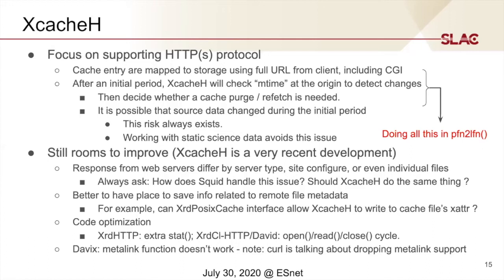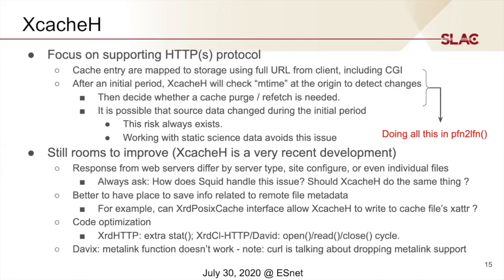This will make the decision on whether the cache should be purged or not. There is always a risk during this initial period: what happens if the data source changes, and then you have old or obsolete data? This risk always exists. It also exists in Xrootd as well.